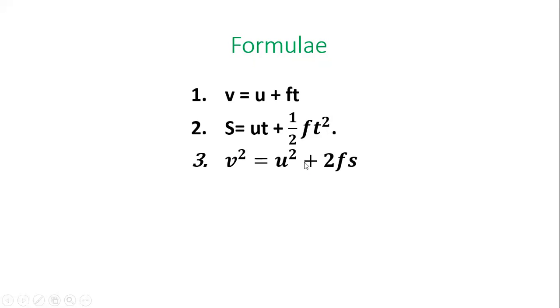Here, v square equals u square plus 2fs. For average velocity, we use this formula, by which we find distance, initial velocity, final velocity, and time.